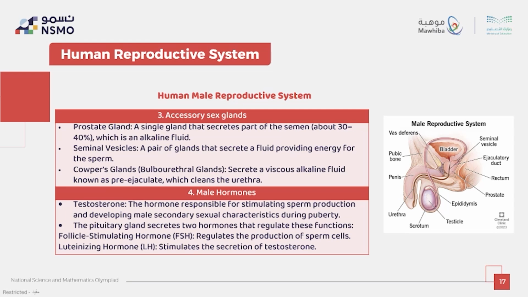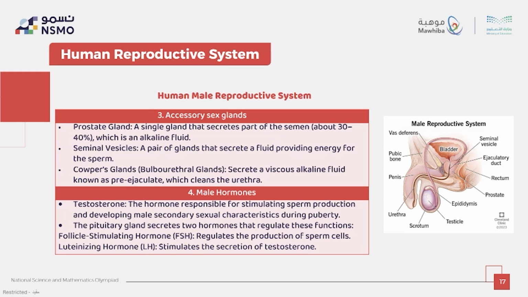The seminal vesicles secrete a fluid rich in fructose, an energy source, to fuel and move the sperm. Cowper's glands, also called bulbourethral glands, release a viscous alkaline fluid before ejaculation to clean and lubricate the urethra.